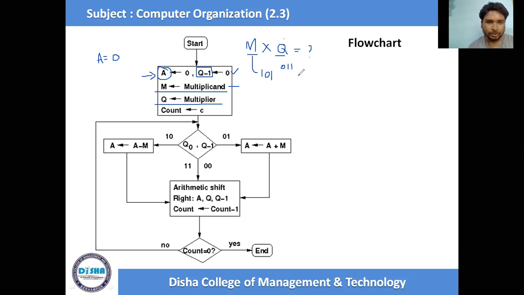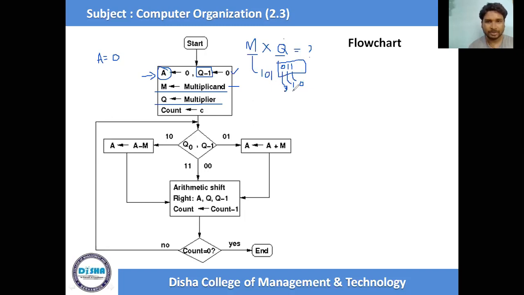After collecting this information, we need some table. Here we take this Q value. What is the position value of each bit? This position value is 0, this one is 1, and this one is 2.